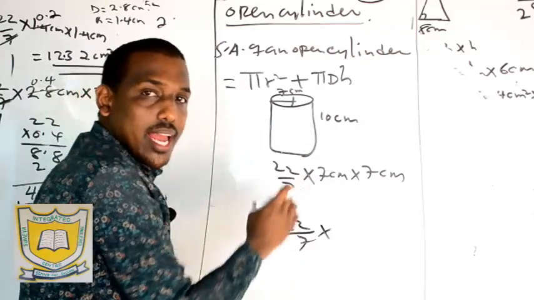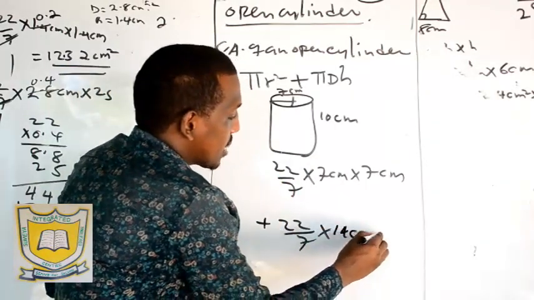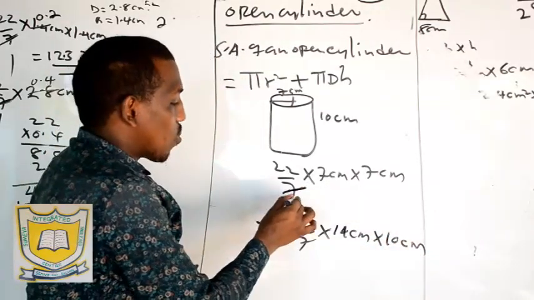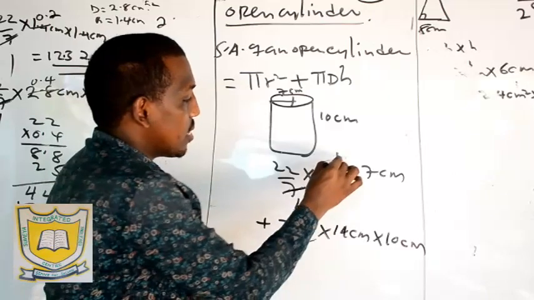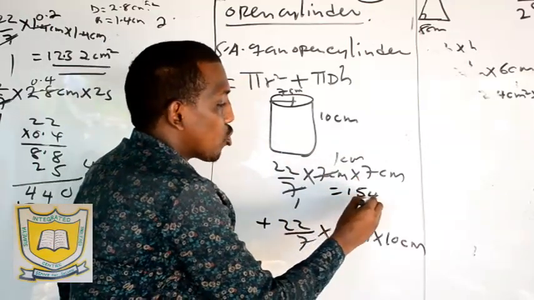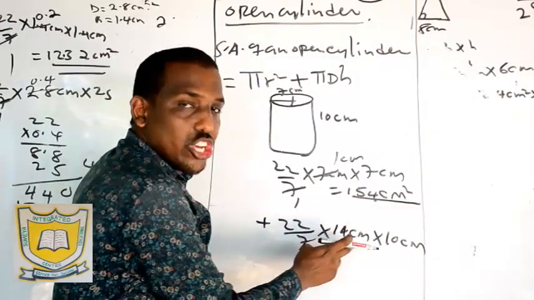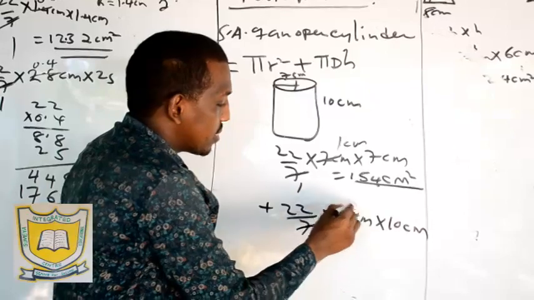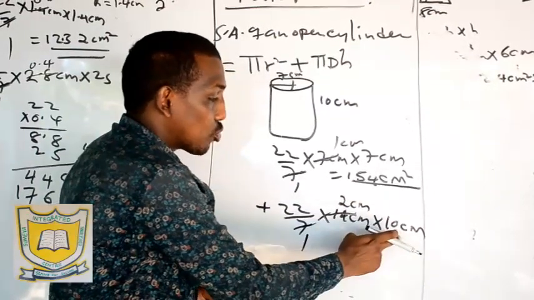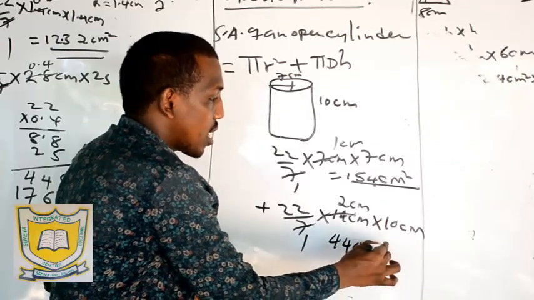Radius is 7, so diameter is 7 plus 7, 14 centimeter, times height, which is 10 centimeter. 7 into 7 is 1, so 22 times 1 times 7 gives 154 centimeter squared. Plus πdh: 7 into 14 is 2, so 22 times 2 is 44, times 10 gives 440 centimeter squared.